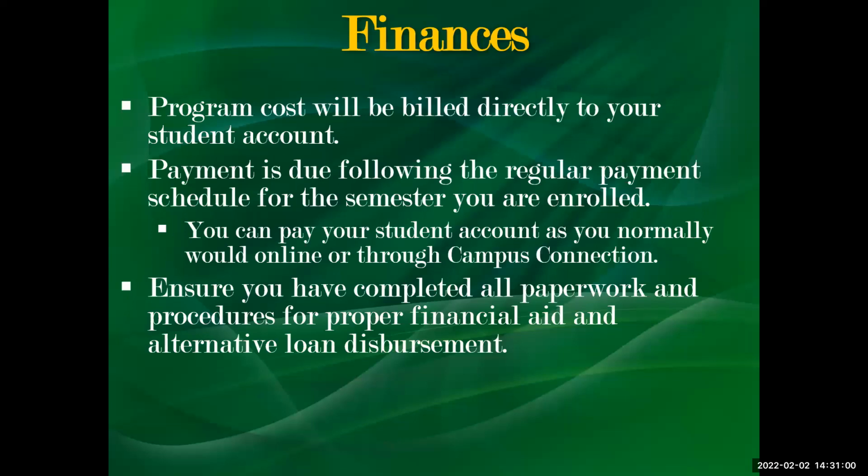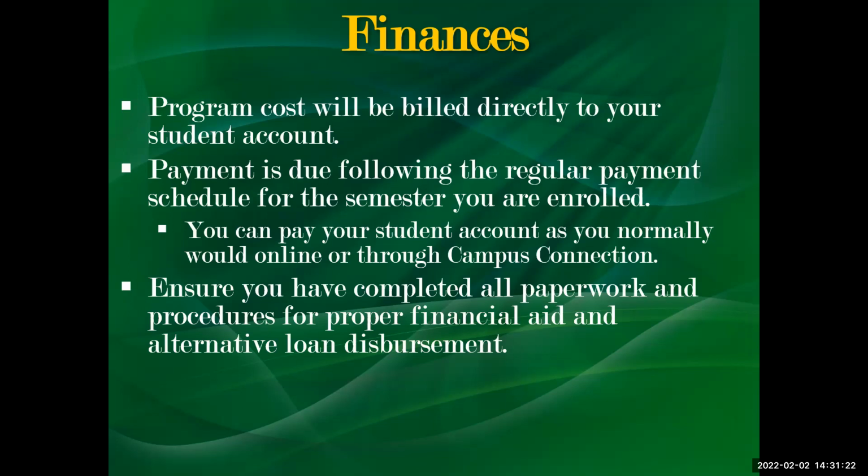So as far as finances, you will see the program cost for your program billed to your Campus Connection like normal. Essentially you can just pay it like normal. It'll follow the same payment deadlines as the rest of financial aid. So that's where you'll see your program costs now.